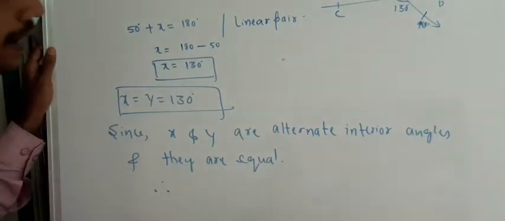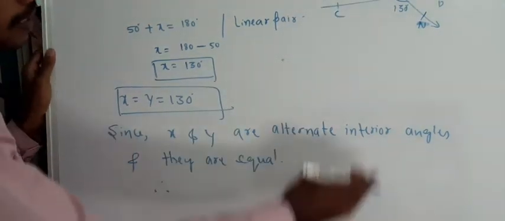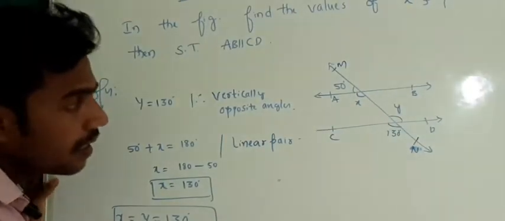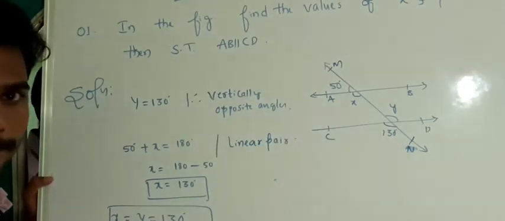Therefore, what can I say? When we see the converse of the theorem, what does it say? If two alternate interior angles are equal, then the two lines are parallel.